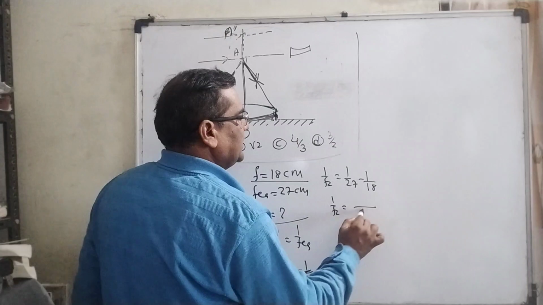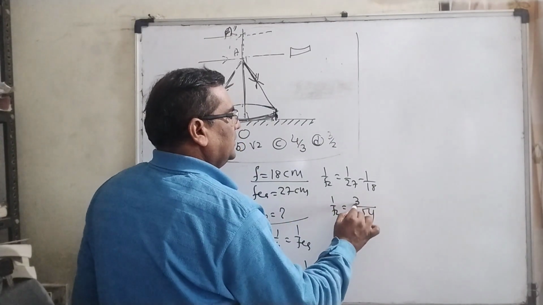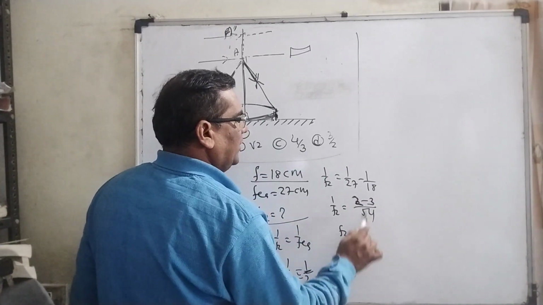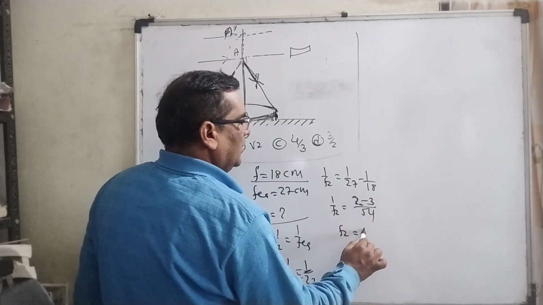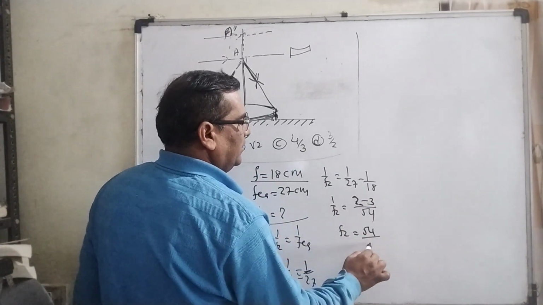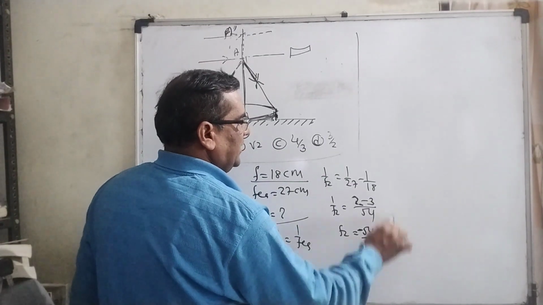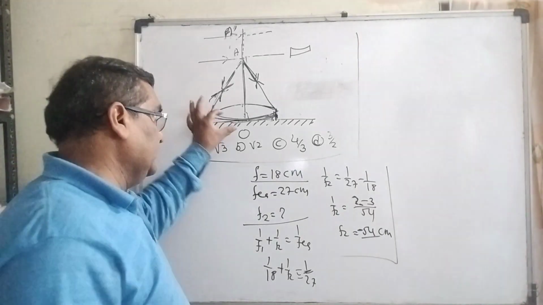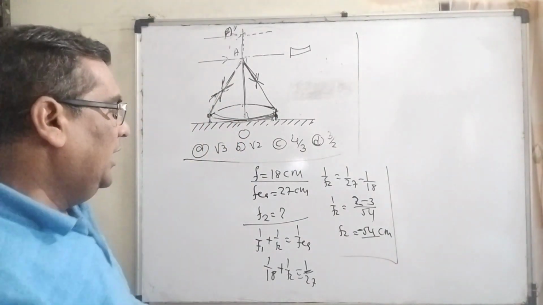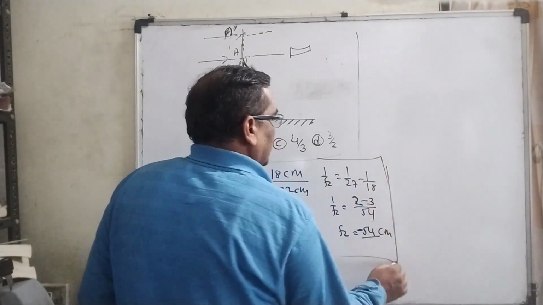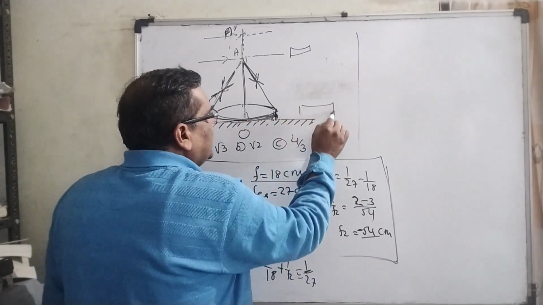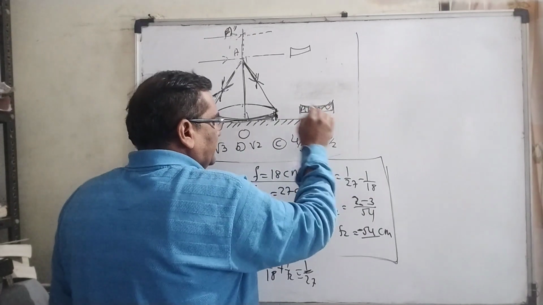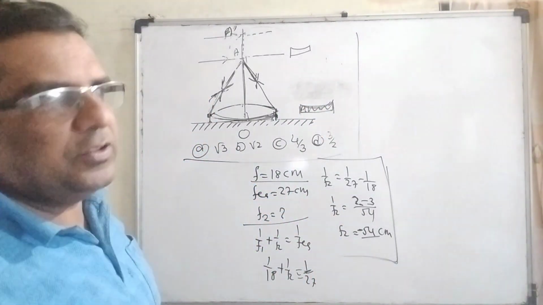Now taking the LCM 54: 2 minus 3, then f2 equals minus 54 centimeter. It is the focal length of the liquid lens. We can consider this liquid lens as a water lens, with focal length minus 54 centimeter.